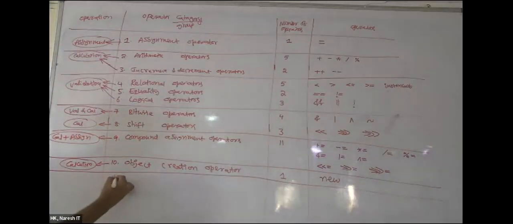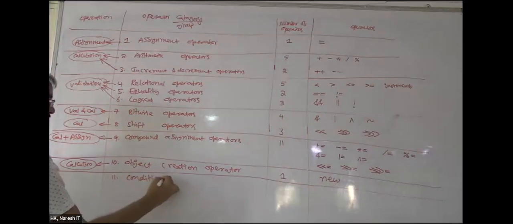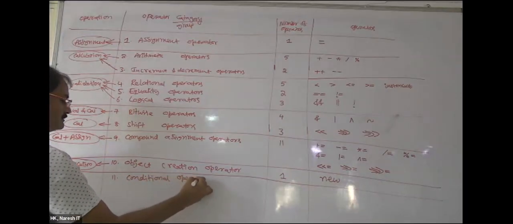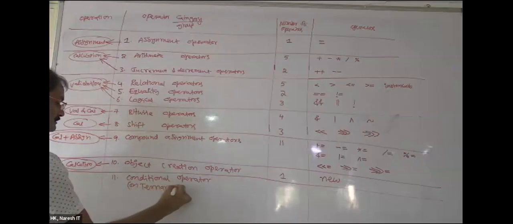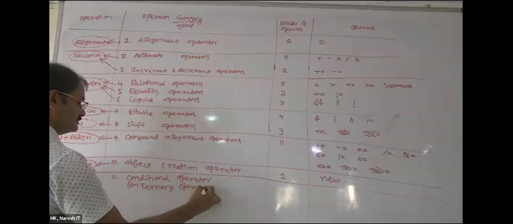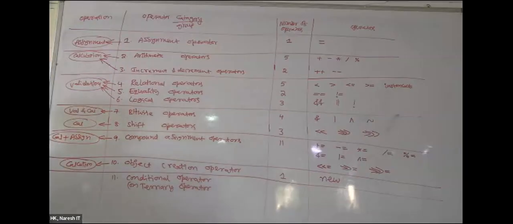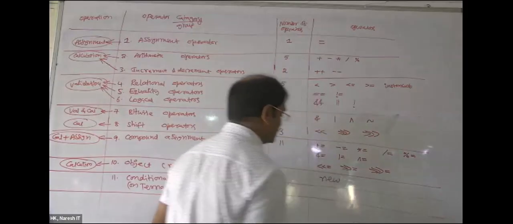Next, 11th operator, conditional operator. It is also called the ternary operator. Some people call it conditional, some people call it ternary. How many operators are there?